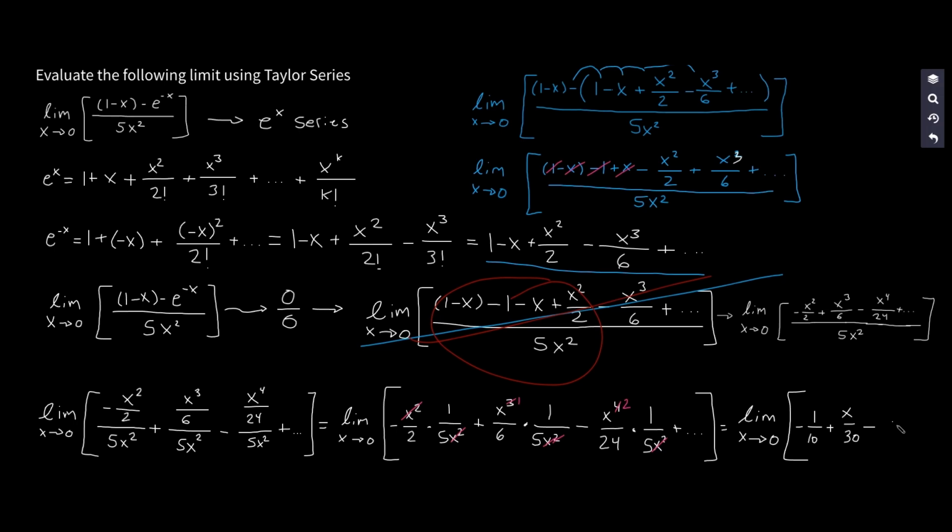Negative x squared over 24 times 5. What is 24 times 5? 24 plus 24 is 48. 48 plus 48 is 96, plus another 24, 120.